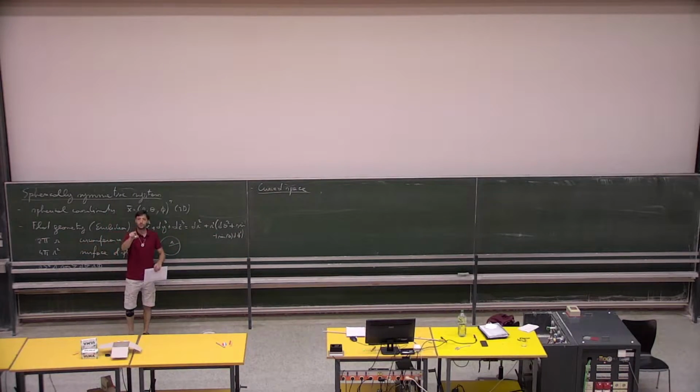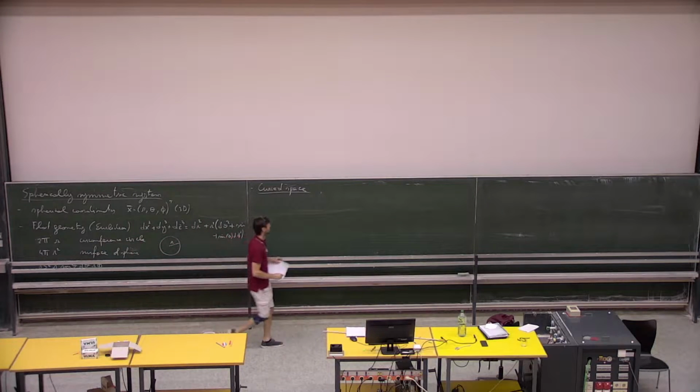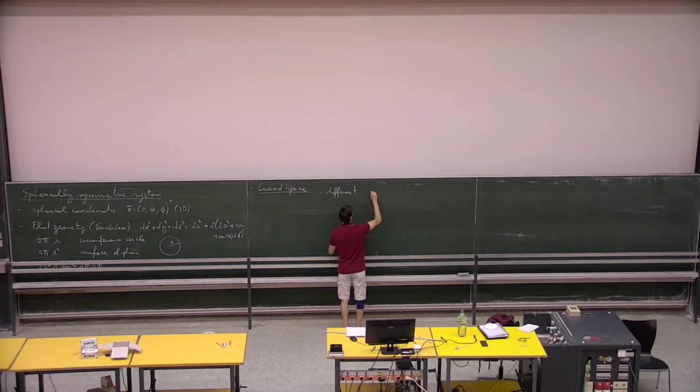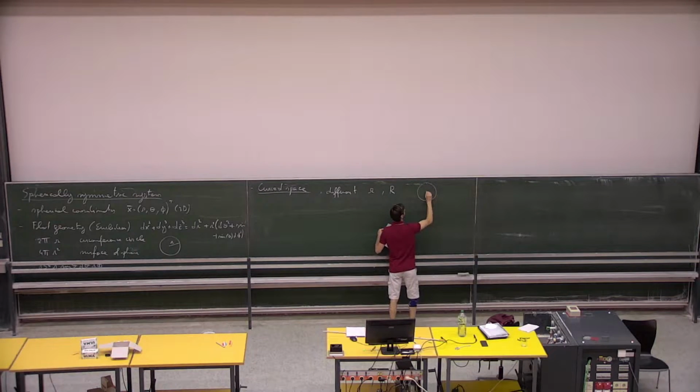If we are looking for the separation between the center and a certain location, we need to use a different radius. Okay? So we have our sphere.